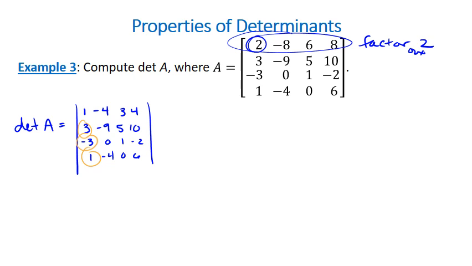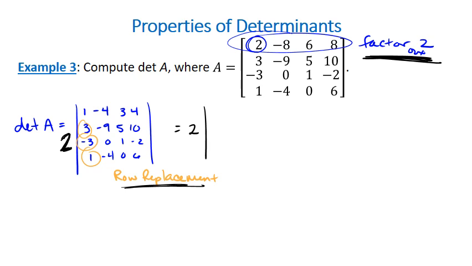And the way I'm going to do that is by row replacement. So the same things that we've been doing. Okay, so because I'm using row replacement, that does not alter my determinant at all. Oh, one important thing, I'm so sorry. I need a 2 here because I factored out that 2. But with row replacement, I don't need that, so this becomes the following.